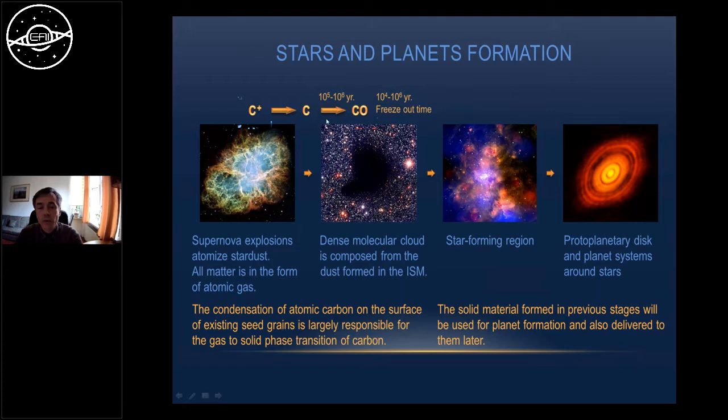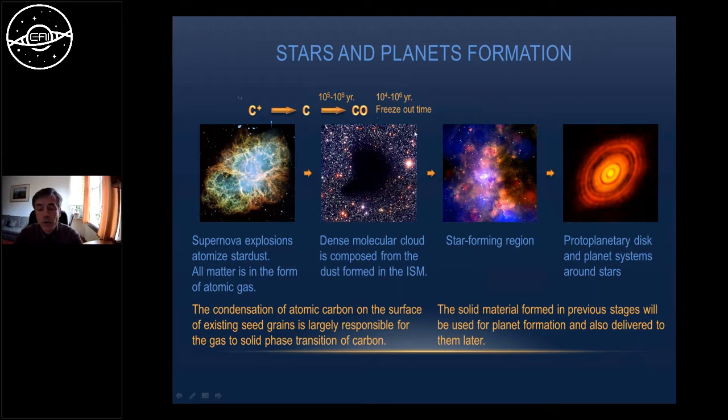Carbon atoms could be converted into CO molecules in the gas phase, and then CO molecules can accrete on the surface of the dust grains. Or carbon atoms could directly accrete on the surface of the dust grains. And if we compare the time required for conversion to CO molecules and the time required to condense on the surface, the freeze-out time, we can see that these times are quite similar.